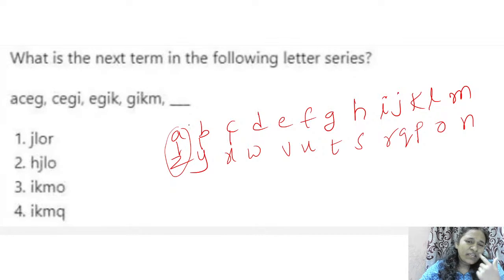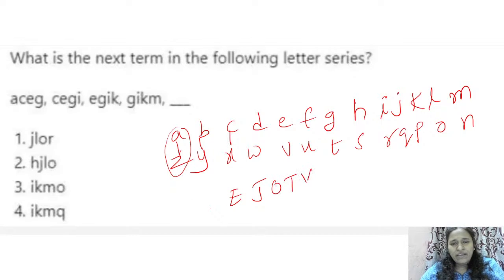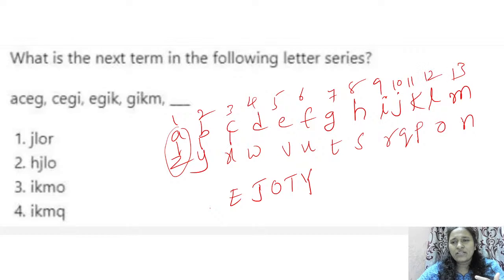Sometimes they will give numberings too. We have to remember E, J, O, T, Y. Then we will remember all the numbers of the alphabet: 1, 2, 3, 4, 5, 6, 7, 8, 9, 10, 11, 12, 13, 14, 15, 16, 17, 18, 19, 20, 21, 22, 23, 24, 25, 26.